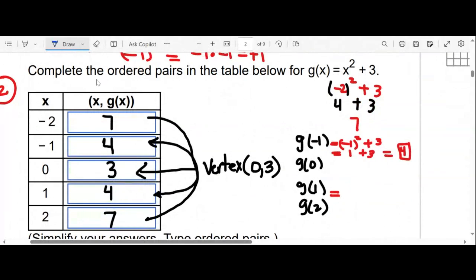Remember our function here, g of x equals x squared plus 3. So if it's 0, how much is g? 3. g of negative 1, how much? 4. g of negative 2? 7. g of 1? 4. g of 2? 7.